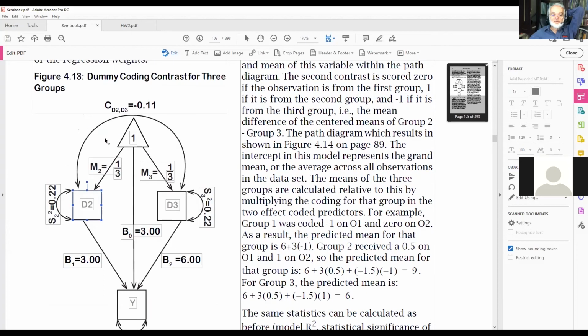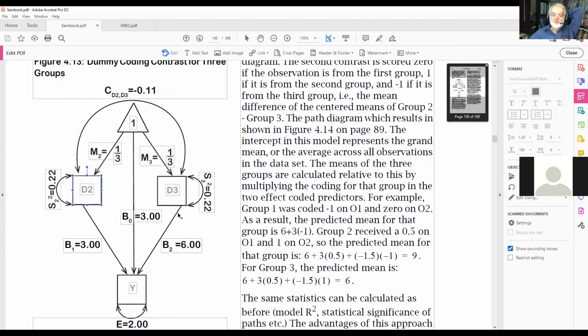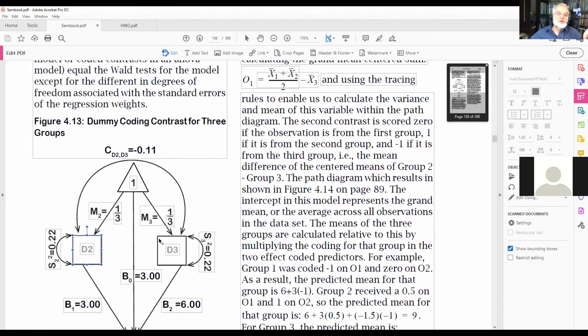Notice I still have the same covariance between the dummy-coded vectors as I had before, but it's just another model you can draw. So that's the Anova model, and that's dummy coding relative to a regression model. And the reason we call it a regression model is you're estimating an intercept. All right.